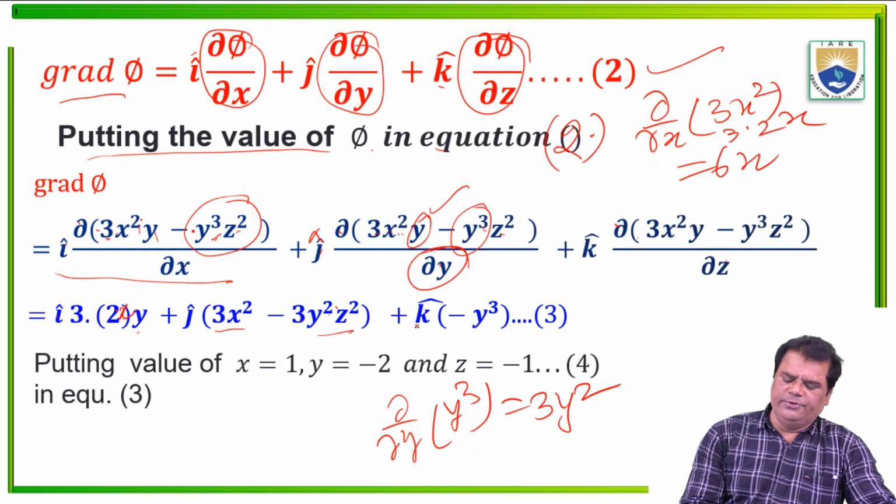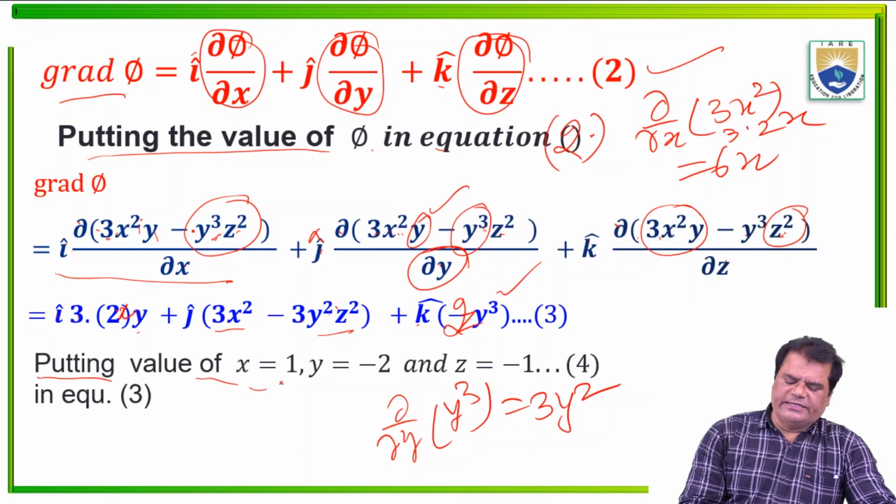Plus k cap, here differentiating with respect to z. In the first function there is no z. In this function there is z square, so y cube is constant. The differentiation of z square is 2z. So here it is minus 2z y cube.